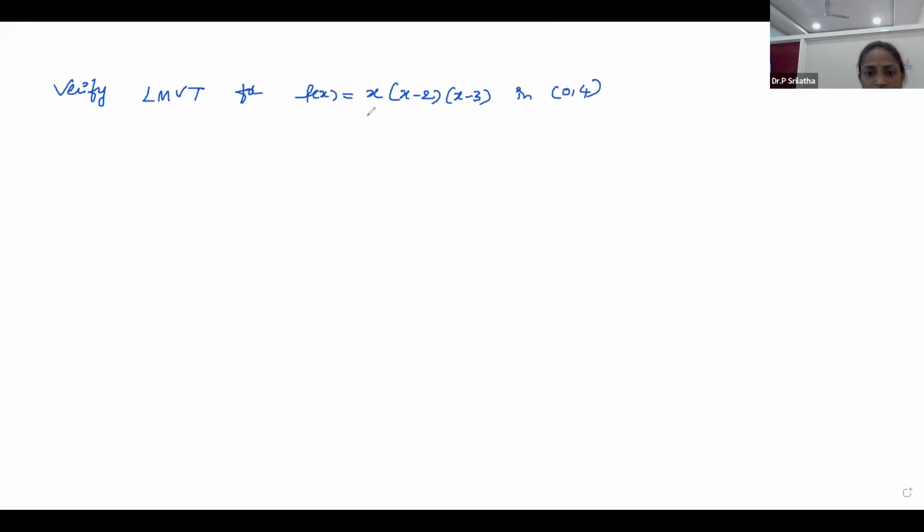Is this polynomial or not? Yes, it is polynomial. If it is polynomial, then it is differentiable and continuous, right?